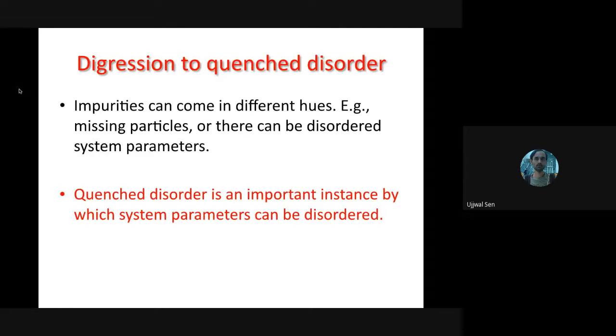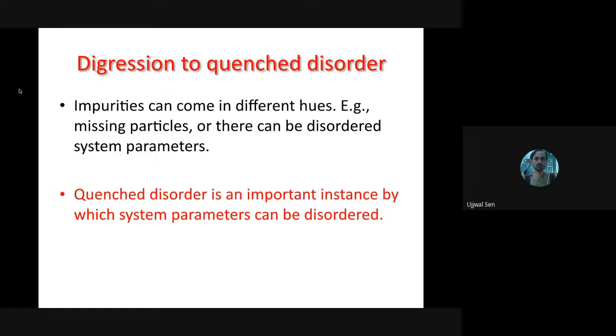For example, in some systems that you try to prepare, there can be missing particles, or there can be disordered system parameters. We will be considering disordered system parameters. Now, disordered system parameters can also be of many types. And among them, we will consider something that is called quenched disorder.